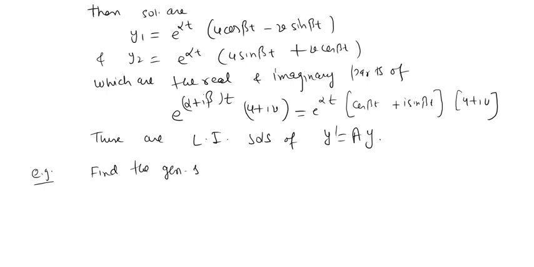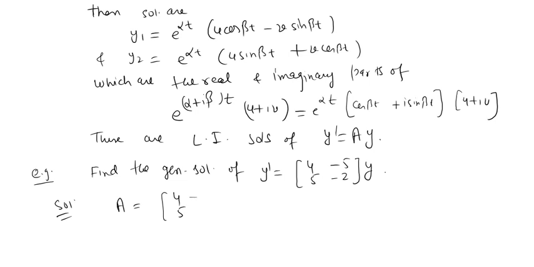Find the general solution of y dash equal to A y, where matrix A is 4, 5, minus 5, minus 2.